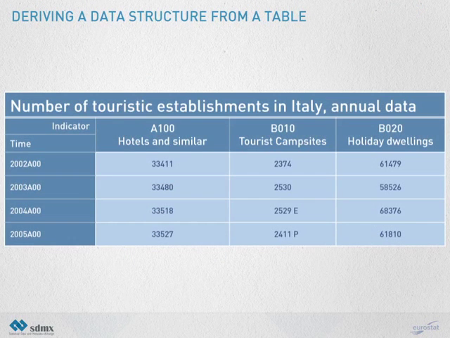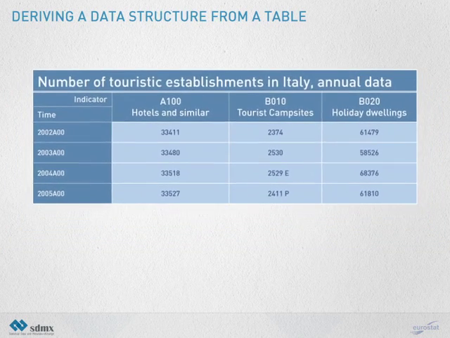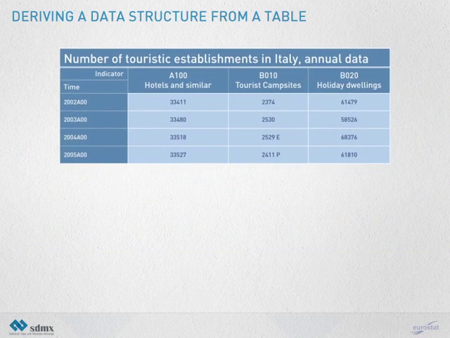What does SDMX need for describing a statistical table? First of all, we need to identify a set of statistical concepts. Let's imagine we have to create a DSD for tourism statistics. Take a simplified table: 3 tourism topics over 4 periods.